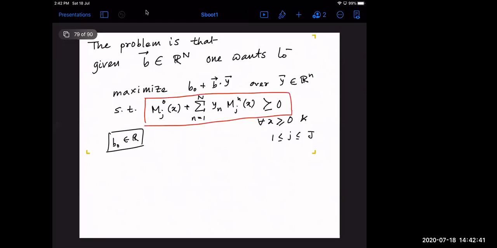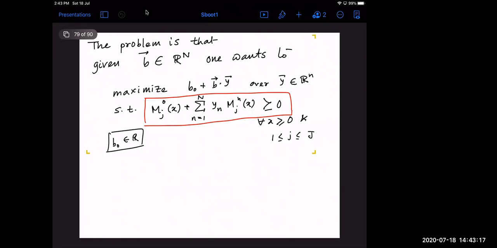Now note that this is not a single constraint. This is actually multiple constraints. There are capital J constraints, so there are multiple such semi-definiteness constraints. The left-hand side is actually a matrix. So formally, the problem says to find a y belonging to Rn which maximizes this quantity b naught plus b dot y, while at the same time satisfying these semi-definite constraints.